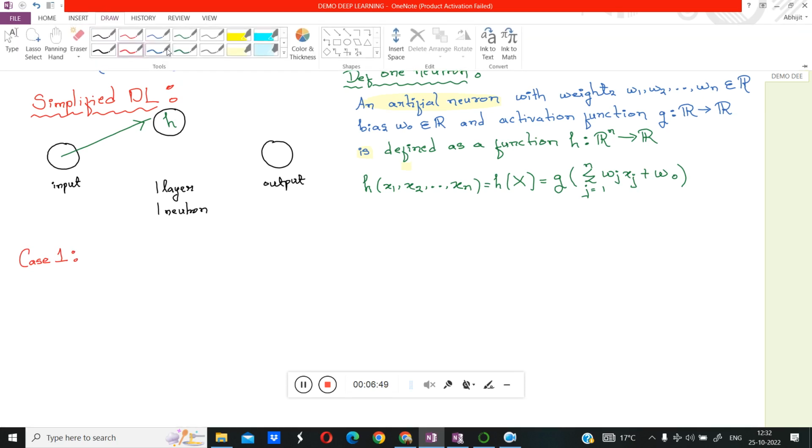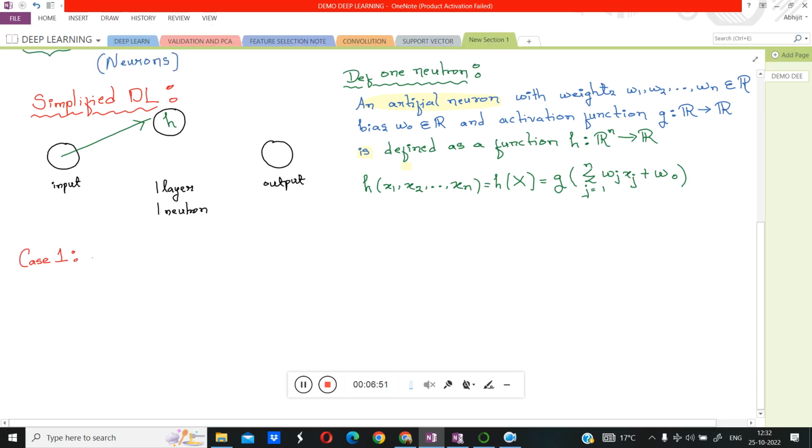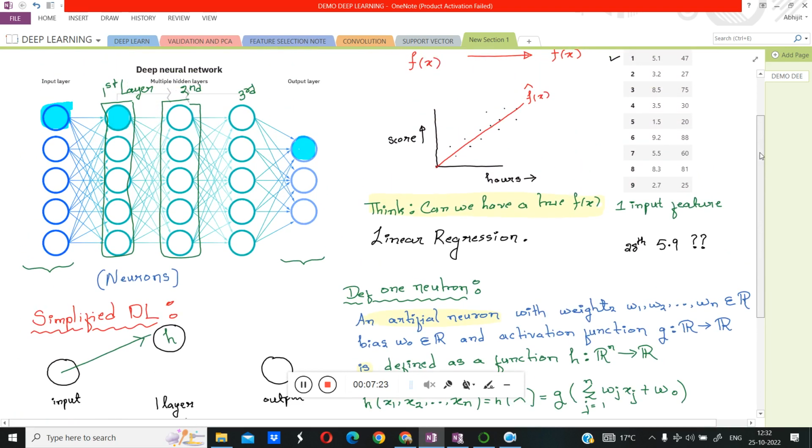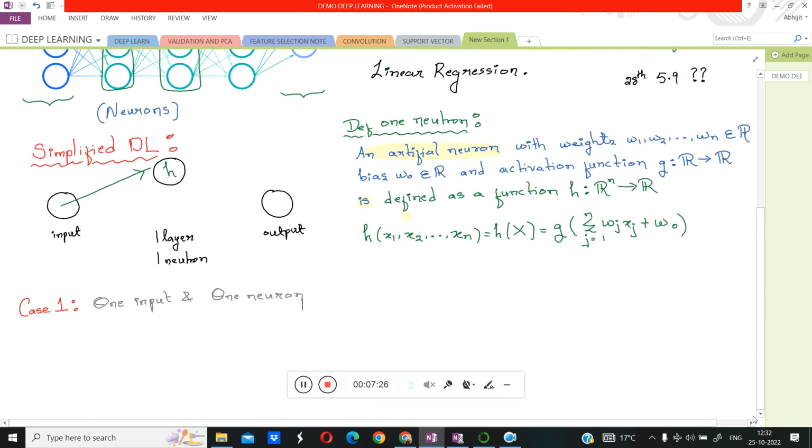What we have done in case one, to understand it, is we took one input and one neuron. Now you will see why I'm taking one input and one neuron: in the beginning of the lecture I was talking about linear regression. That's why things will become clear as we go further.